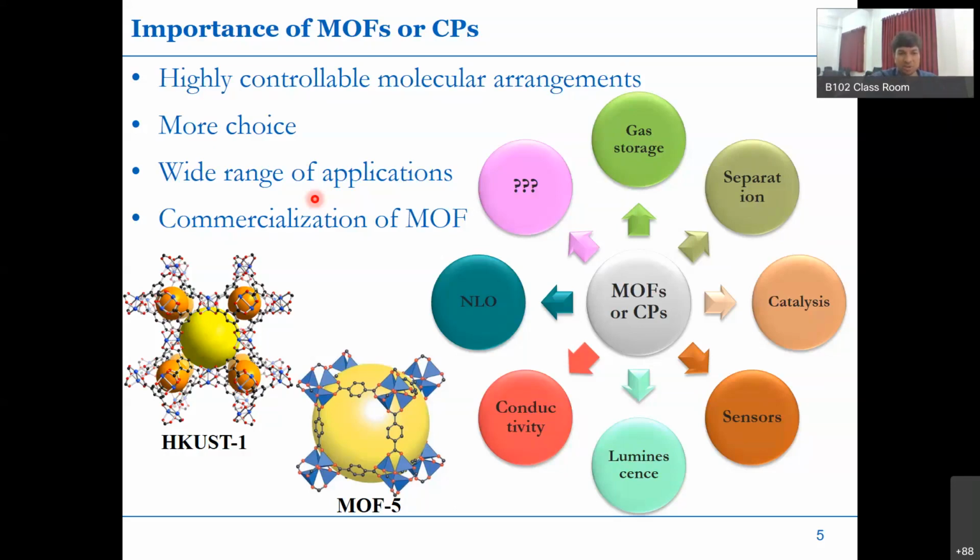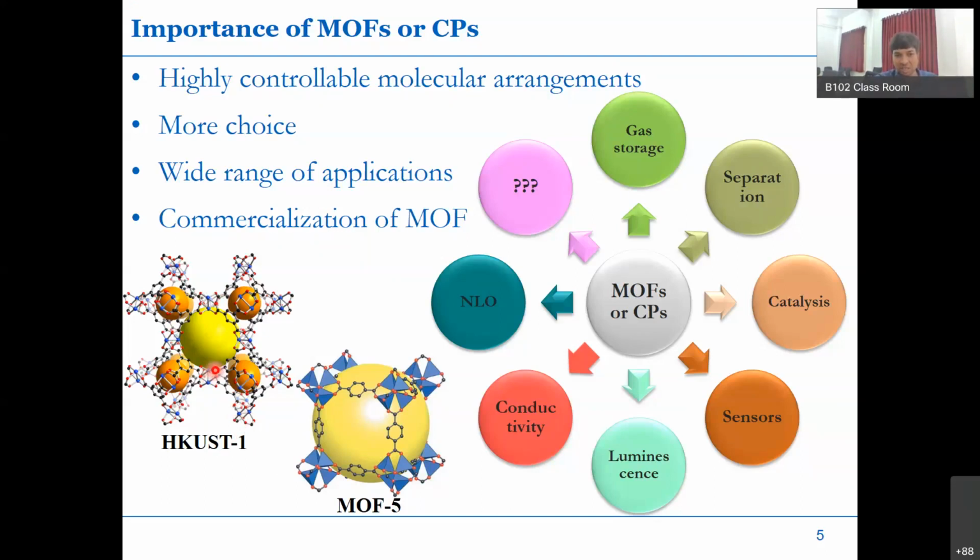And here are the two famous MOFs which were reported in 1998, which brought the main focus of this field to a huge number of researchers. These two MOFs attracted more researchers to work on this field.